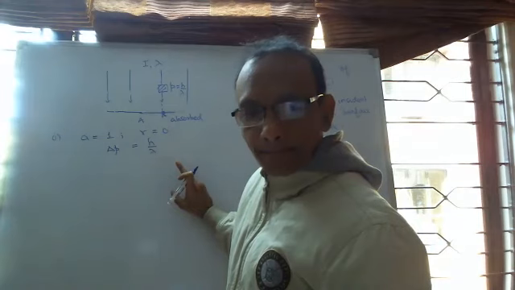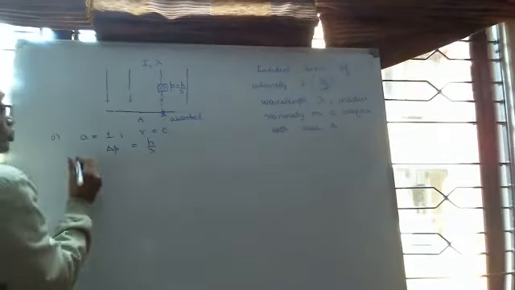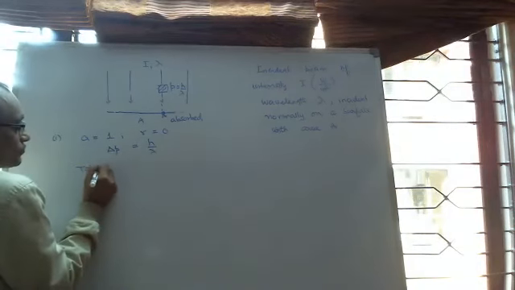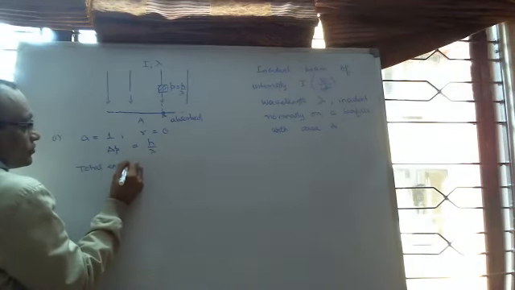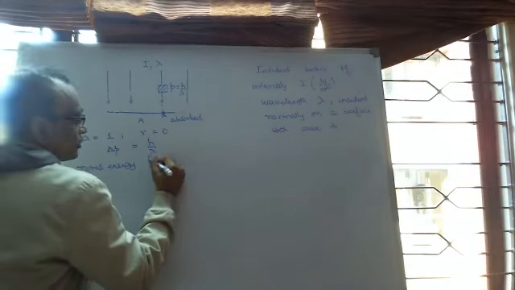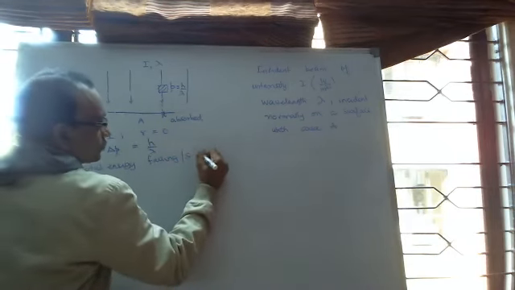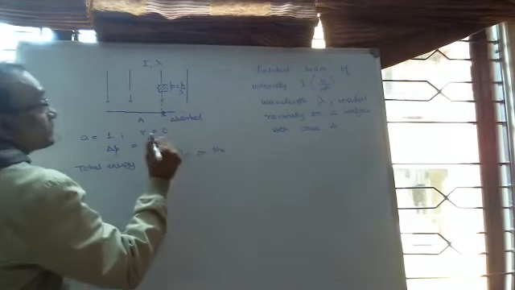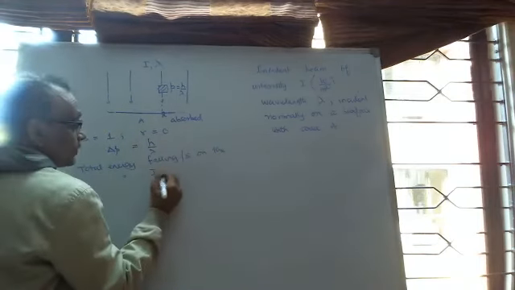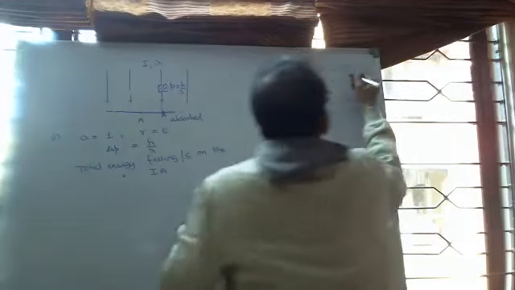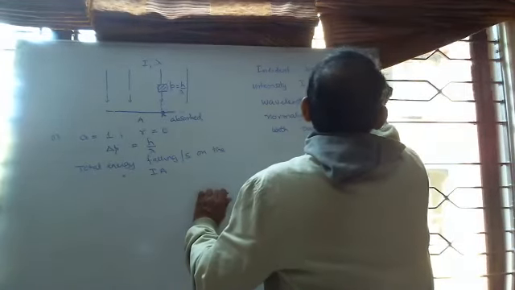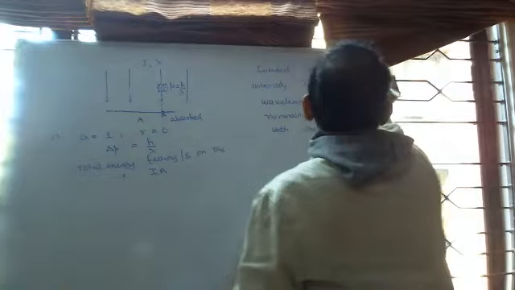Now, total incident energy. Total energy falling per second on the area is I into A. I is what? Joules per second per meter square.